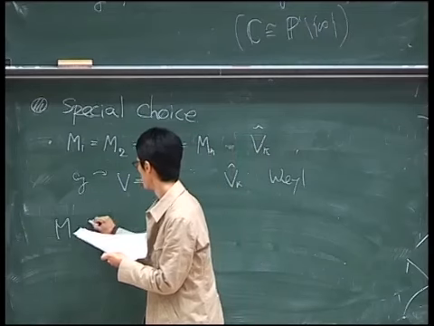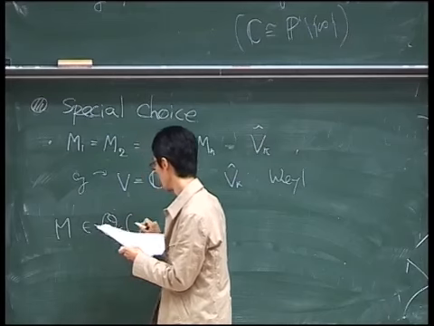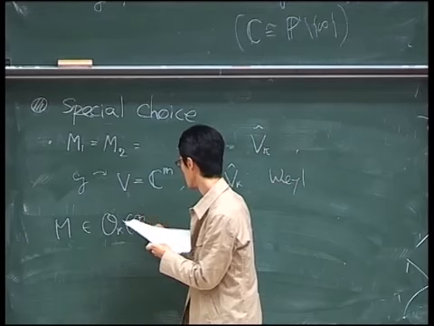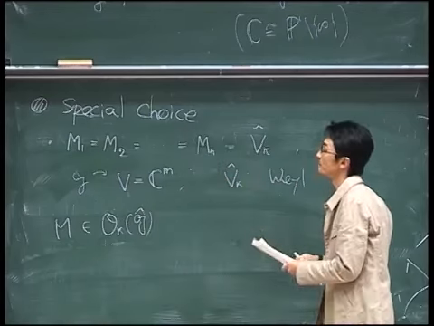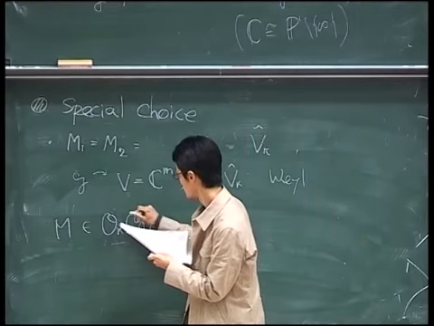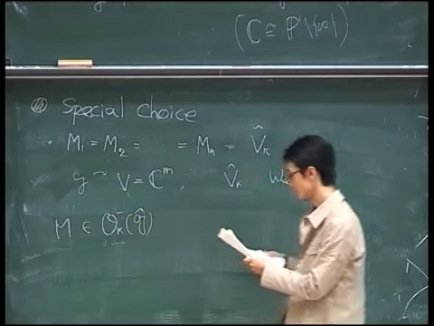We can choose M from G hat kappa freely. For some reason I take it from lowest weight modules.